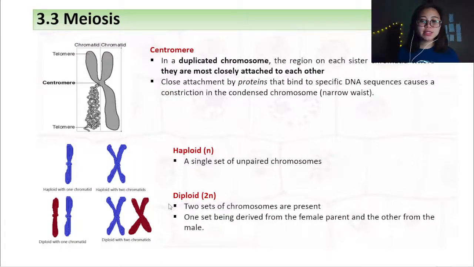Some organisms can live with haploid cells all over the body. Some organisms can only live with diploid cells all over the body. So, contoh kita, manusia, kita adalah contoh organism yang kebanyakan sel kita mesti diploid, baru kita hidup dengan sihat. Baru badan kita berfungsi dengan normal.